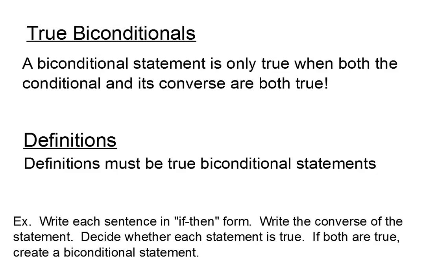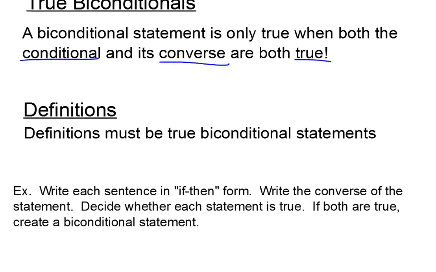The next idea, true biconditionals. Here's the rule. A biconditional statement is only true when both the conditional and the converse are true. Okay? Both of those statements have to be true for a true biconditional to be formed. Alright? Now, here's my rule.